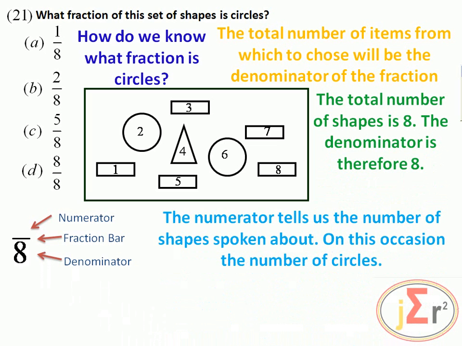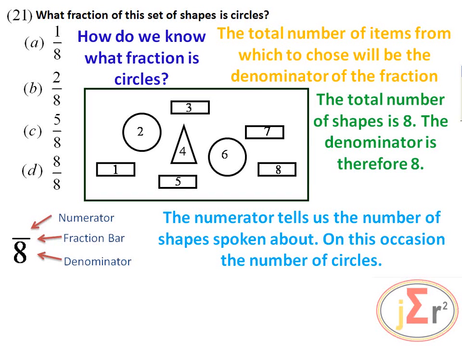The numerator tells us the number of shapes spoken about. On this occasion, the number of circles. We are required to tell what fraction of this set of shapes is circles, so the circles are the shapes that are spoken about, and that will be our numerator.